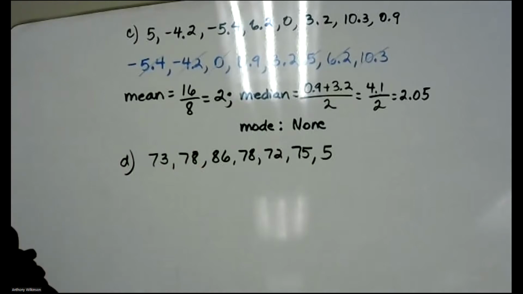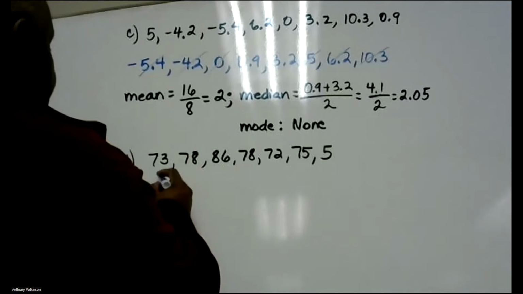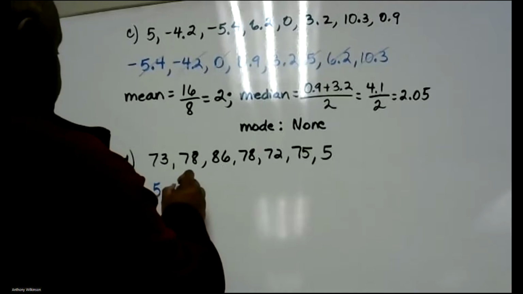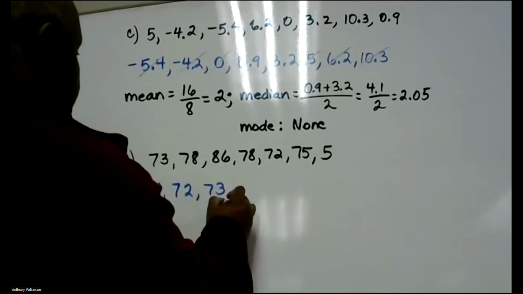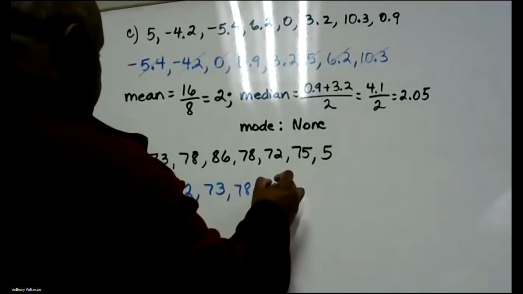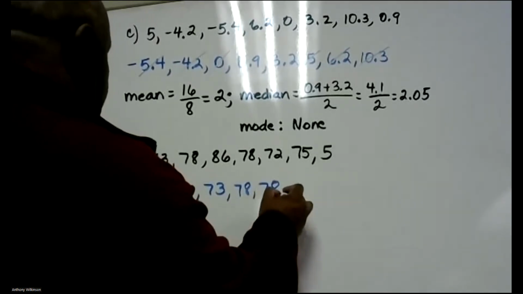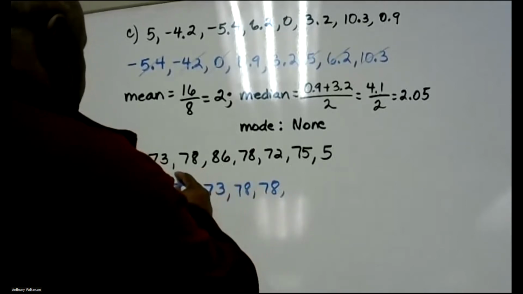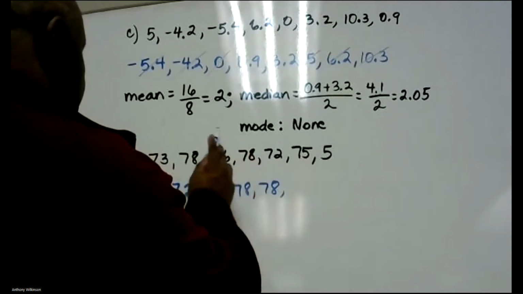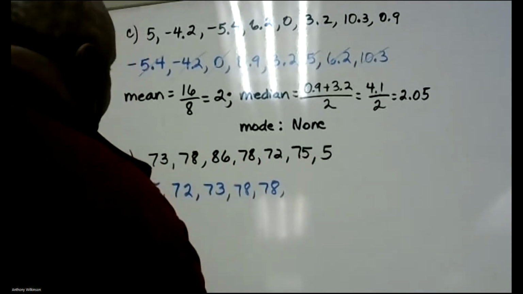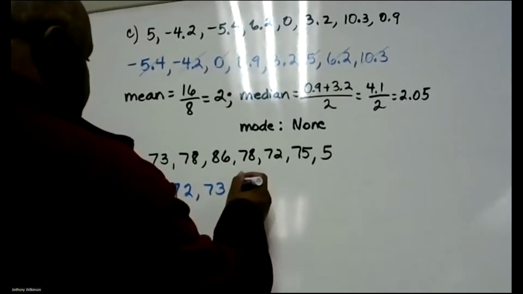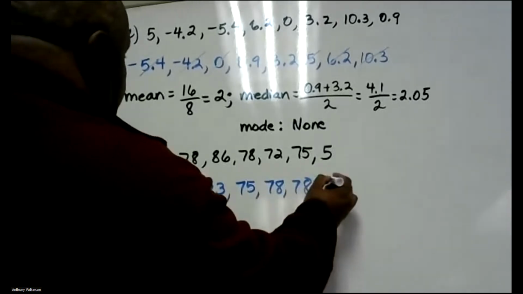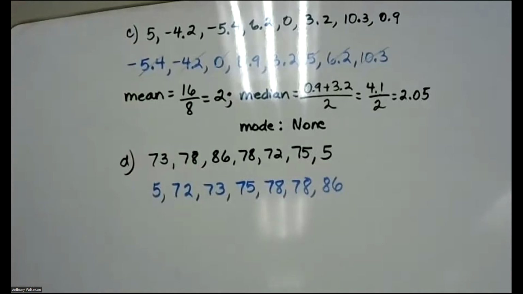So we start with the 5, and then 72, 73, 78, and then another 78. Wait, let me fix that: 5, 72, 73, oh, 75. And then 78. And then 78. And then finally 86.